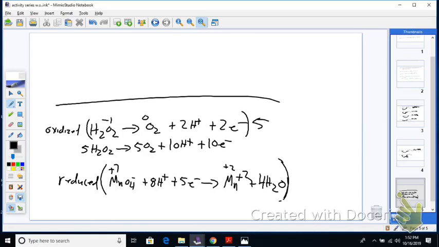So did you guys multiply that by 2? Yeah. Okay. So everything multiplies by 2. So we got 2 MnO4 plus 16 H plus 10 electrons gives us 2 Mn plus 2 plus 8 waters. You guys have that?